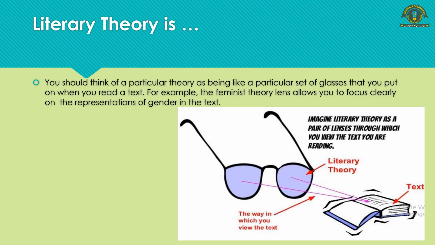This slide discusses literary theory as it was referred to by Louis Tyson in her book, as a lens. Literary theory as a lens can be better understood by looking at the picture over here, as we have purple colored glasses, and we can assume that these glasses are representing literary theory, and we have a text over here in the form of a book.